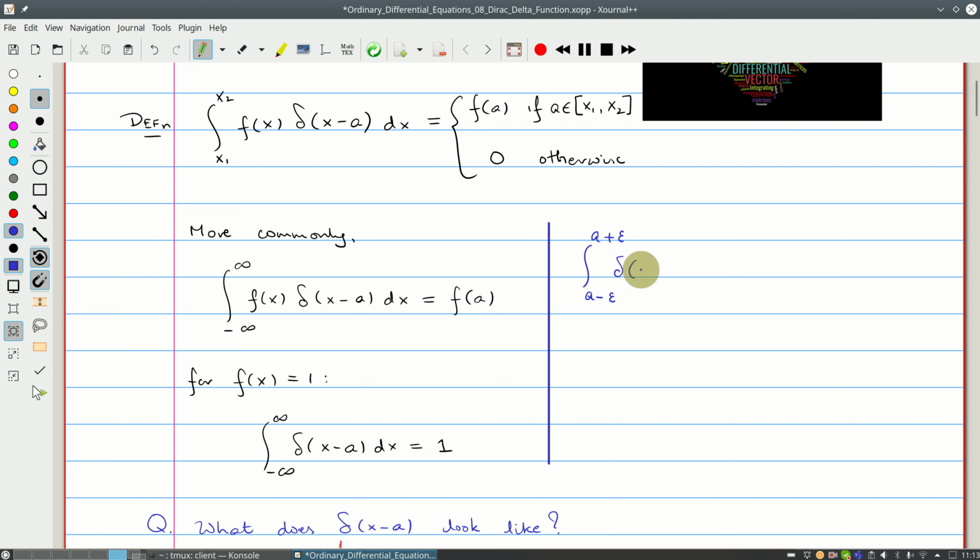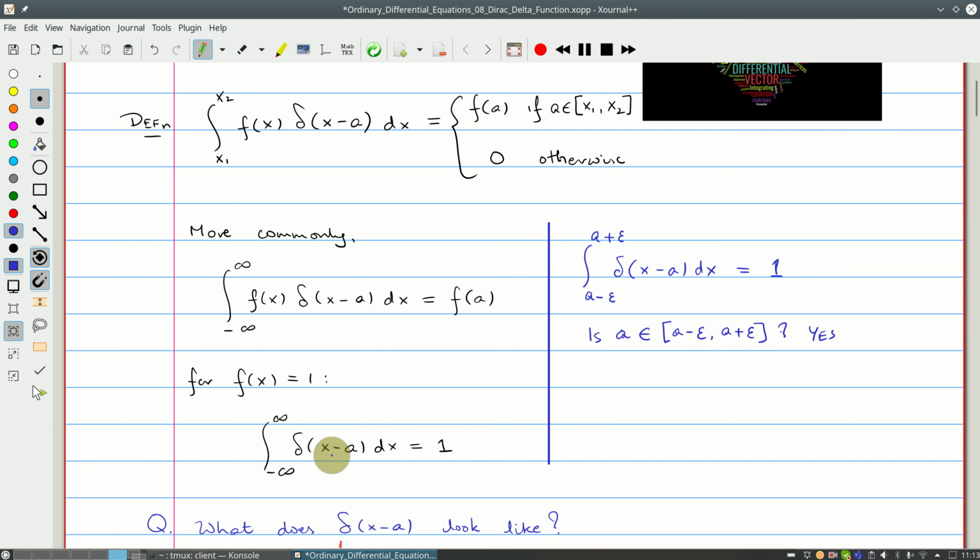Well, the question we need to ask is: is a in this range? Is a in a minus epsilon to a plus epsilon? And the answer is yes, it is. So this will be 1. And you can make epsilon as small as you want, and you will still get a 1.